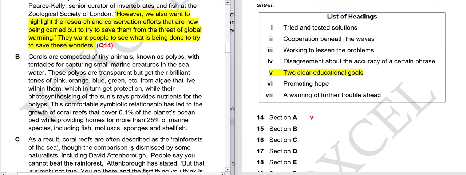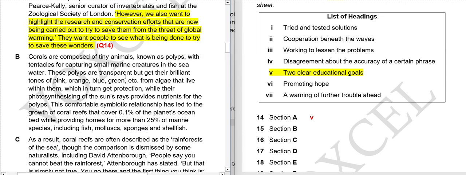So what are corals made of? Corals are made of tiny animals known as polyps with tentacles for capturing small marine creatures in the seawater. So they are using tentacles to capture small marine creatures in the sea.